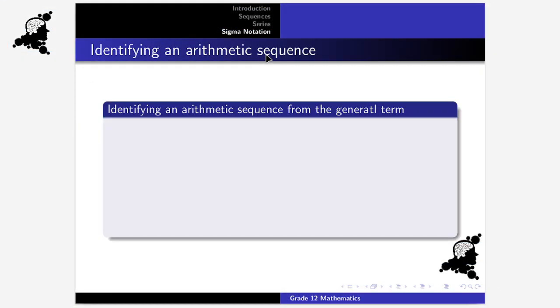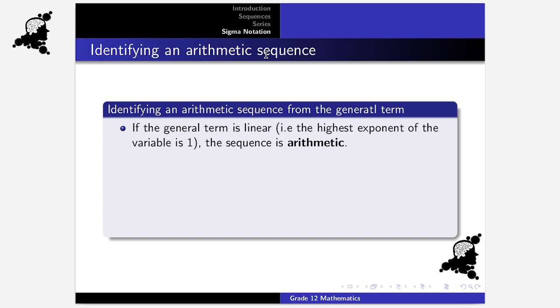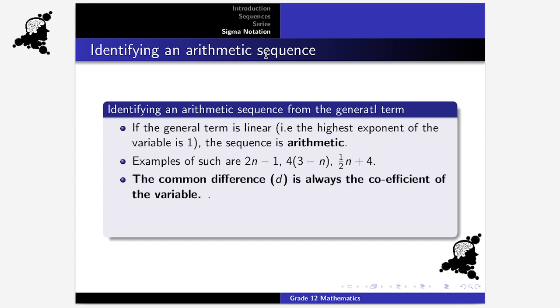All right. Identifying an arithmetic sequence from the general term. Sorry, I made a little bit of a typing error here. I've already mentioned in the previous example that if the term is linear, meaning the highest exponent is 1, the sequence is arithmetic. These are all examples of arithmetic expressions. Common difference is always the coefficient of the variable. So if we look at this 2n minus 1, common difference is 2.